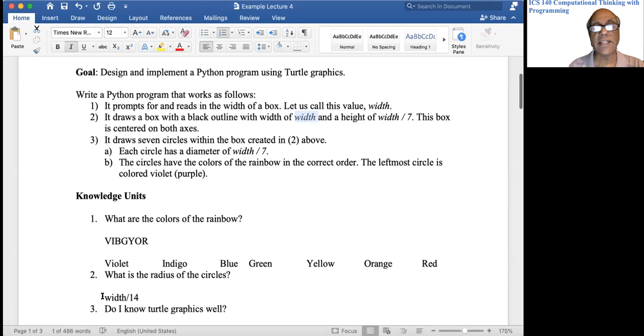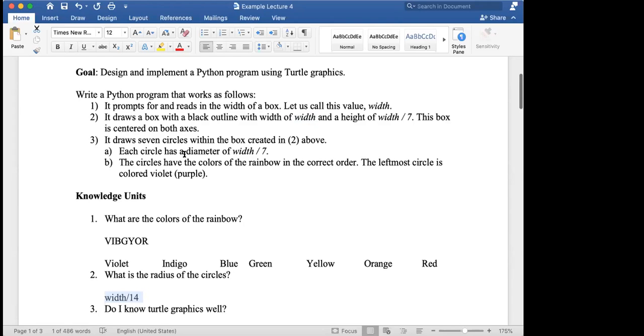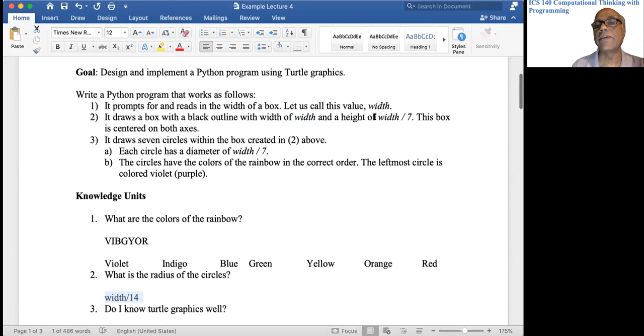So that is the second knowledge unit I could think of that is related to the problem, that is the radius of a circle. Without that, you can't draw a circle. Sorry, can't we do the height divided by 2? Because we have to find the height to draw the box. Yes, the height is given here, right?